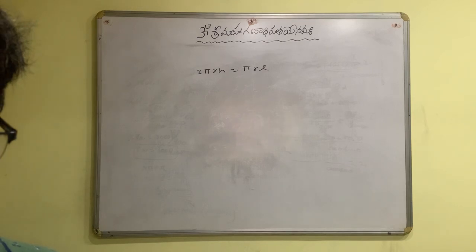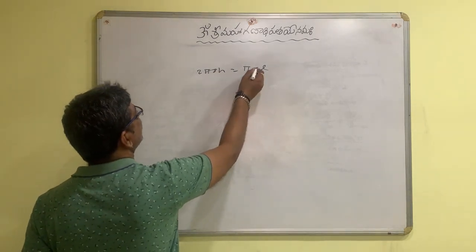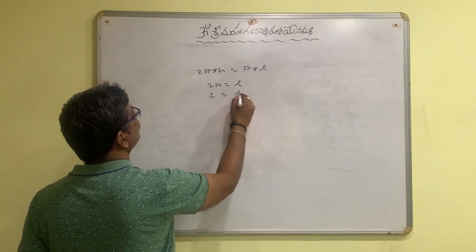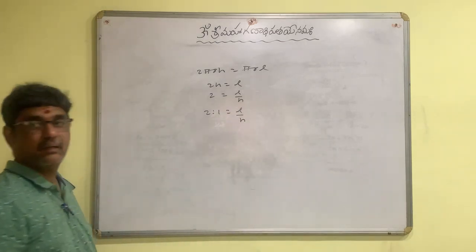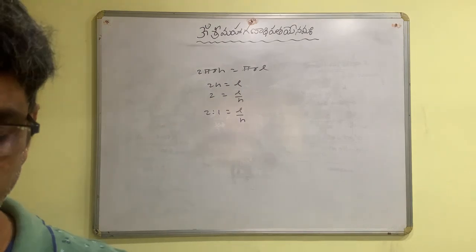Then the ratio of the slant height of the cone to the height of the cylinder: pi r cancel, 2h is equal to l, so l by h is equal to 2 is to 1.